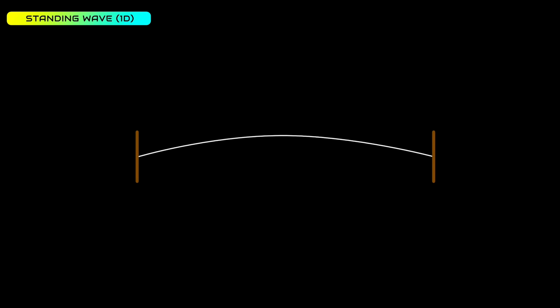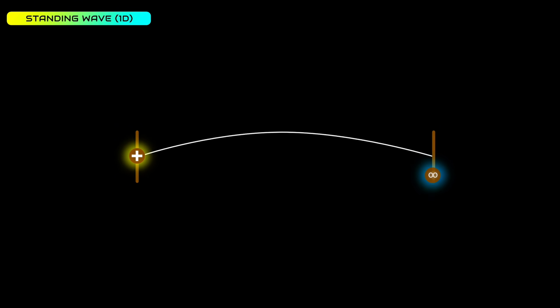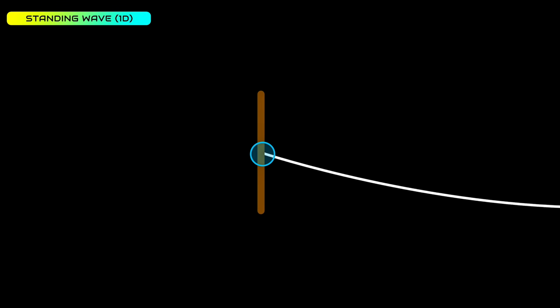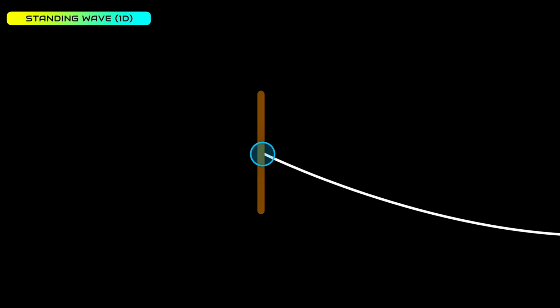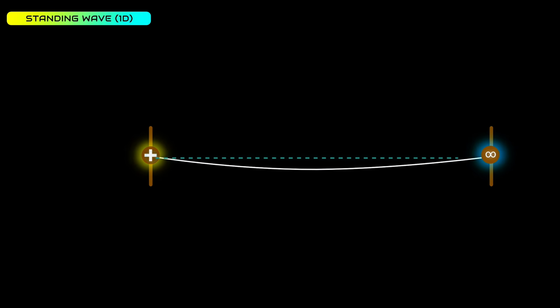To understand this, consider a one-dimensional standing wave. Imagine one edge of the wave starts at the nucleus and extends to infinity. At the nucleus, the probability of finding an electron is 0 because the wave's amplitude is 0 there. The string doesn't move at the nucleus.